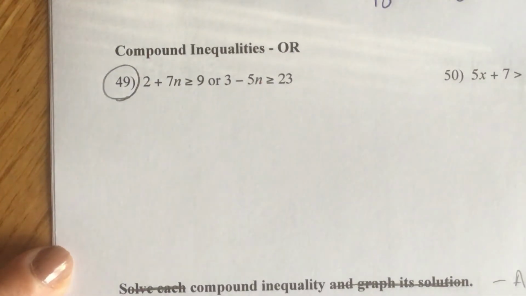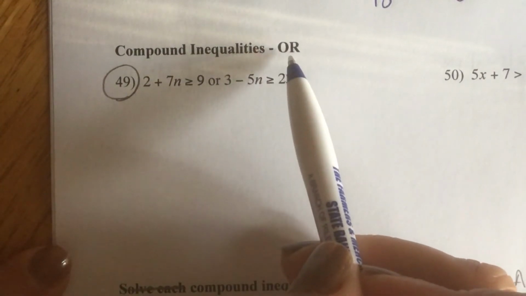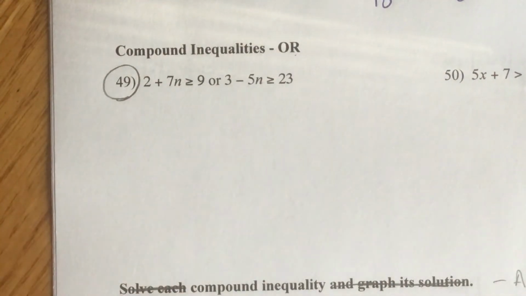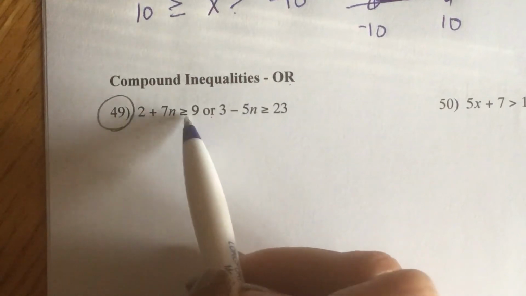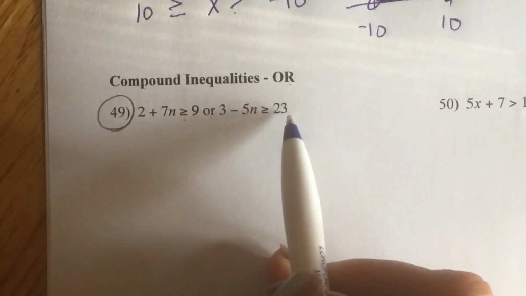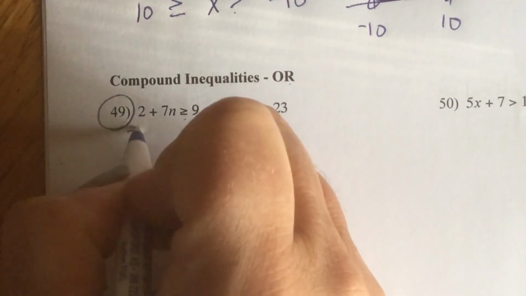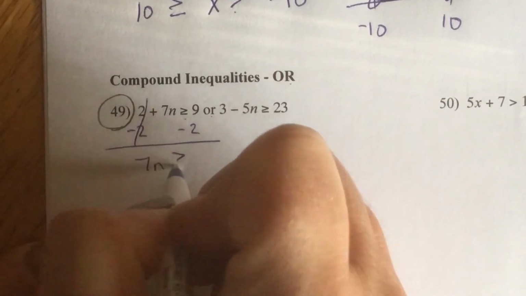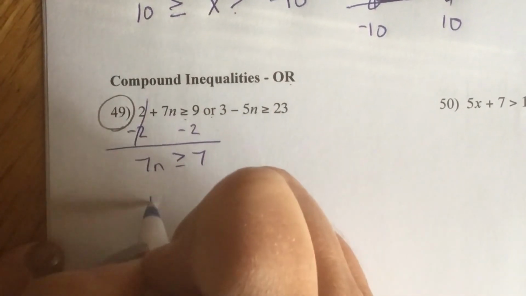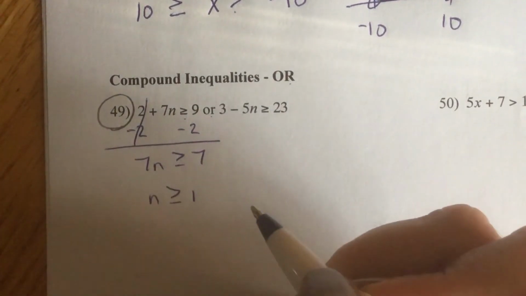Okay? So then we can have problems written as an or statement and problems written as an and statement. So this one is or, so it's saying this condition can be true or this condition can be true. So if I subtract 2 from both sides, I get 7n is greater than or equal to 7, divide by 7, n is greater than or equal to 1.